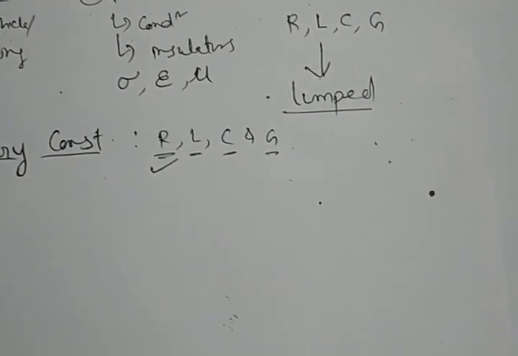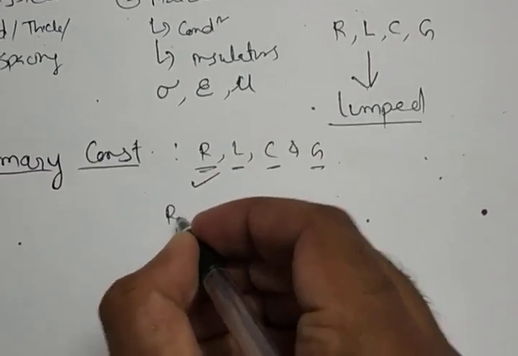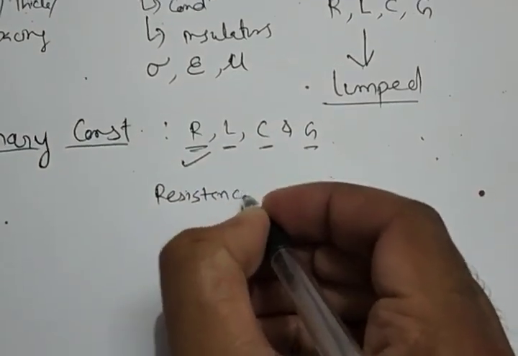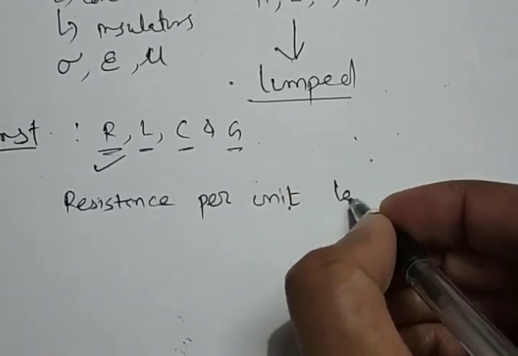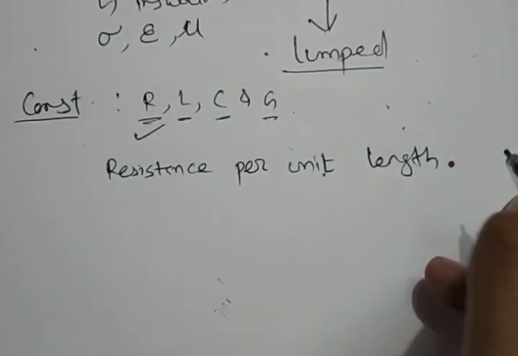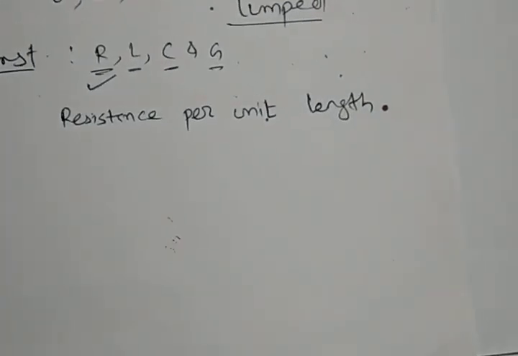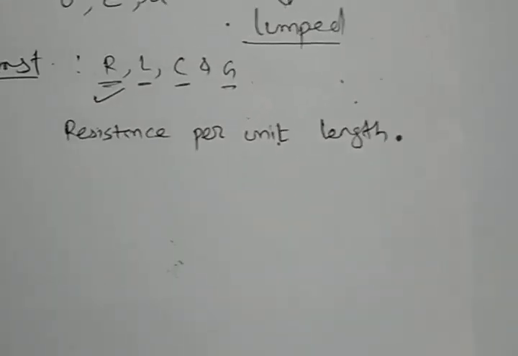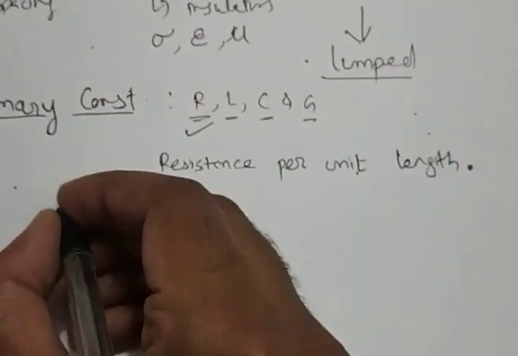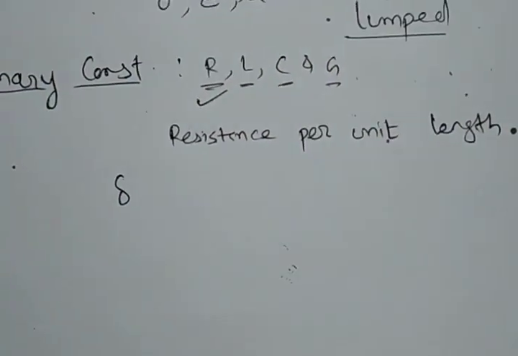Like resistance, we consider as resistance per unit length. Every material has its own finite resistance. If we talk about DC current, the current density is independent of material properties and depends only on the conductivity. But in AC it also depends upon the skin depth. There is one concept we studied in the third chapter about the skin depth.